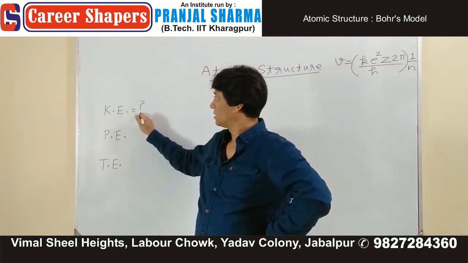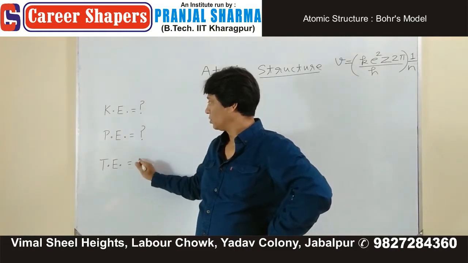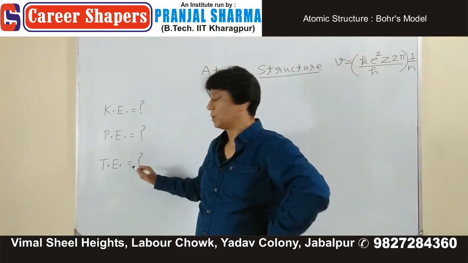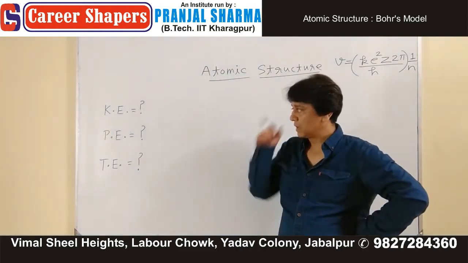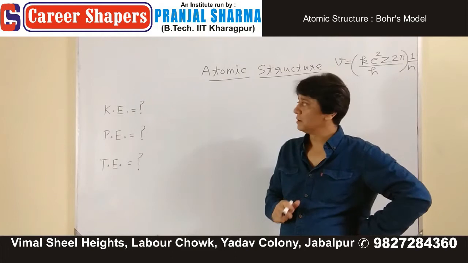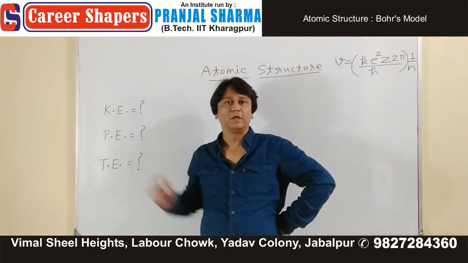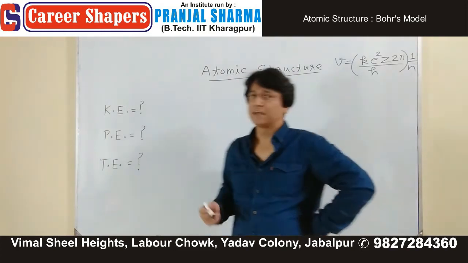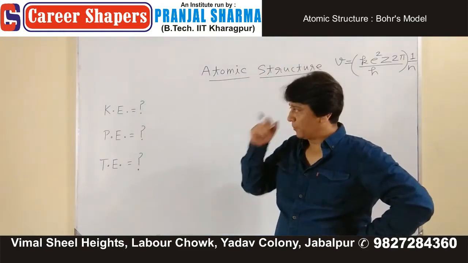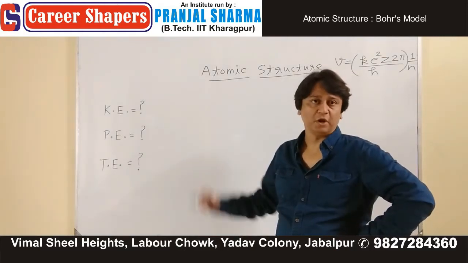Kinetic, potential, and total energy of an electron in its nth orbit, and get me all these values in terms of n. Or you can say I'm asking you the same thing, proportionality of Ke, Pe, and total energy with n.